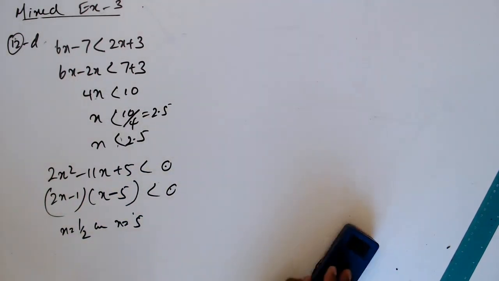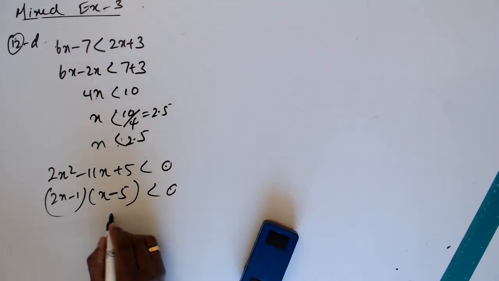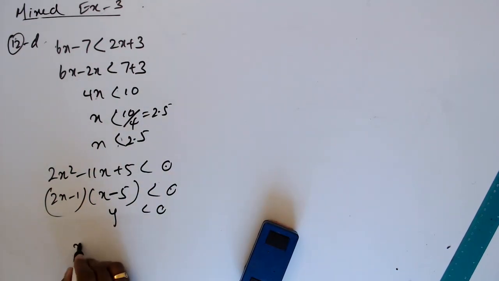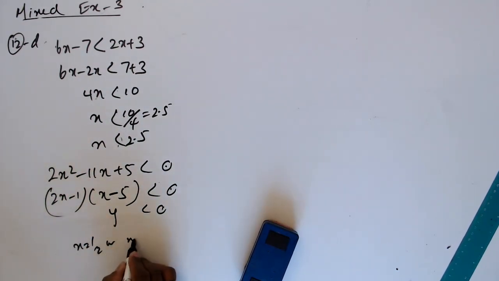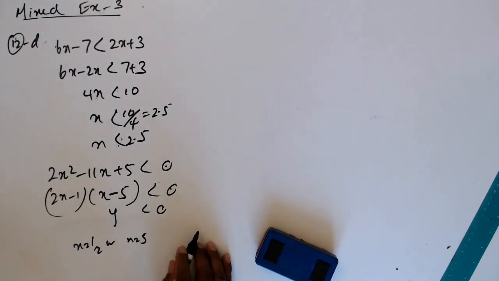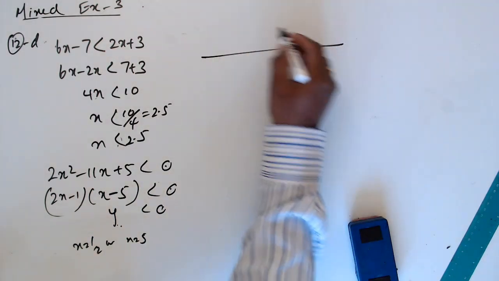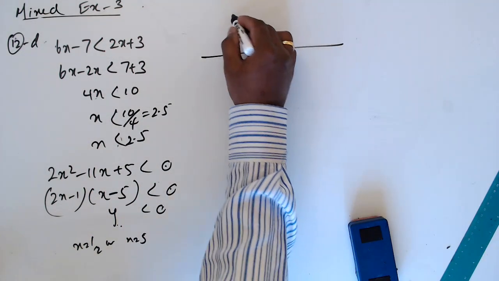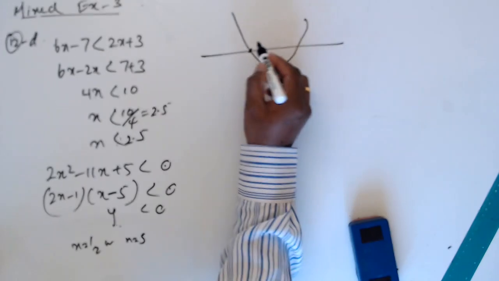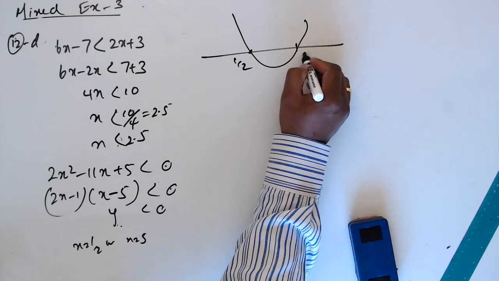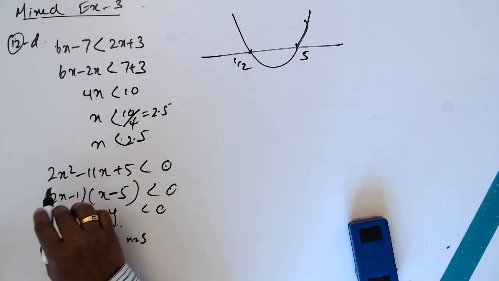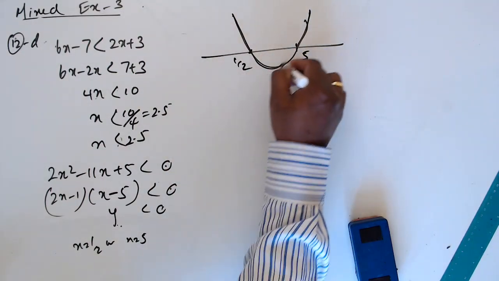This is y less than 0, x equals half or x equals 5. So those are the two roots. The y less than 0 area is what we are looking for. Half, 5. This is a graph with a minimum.